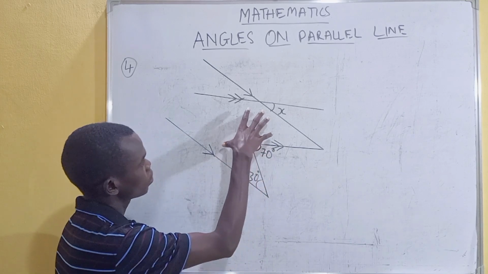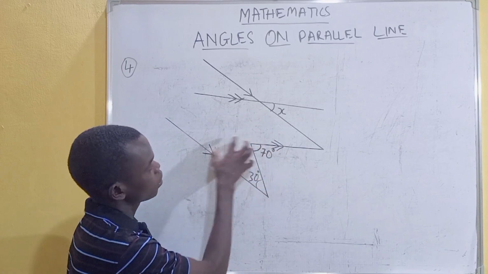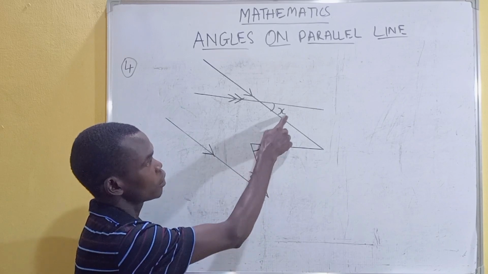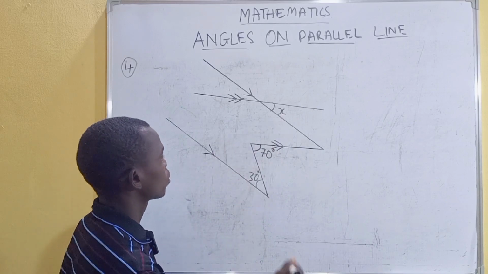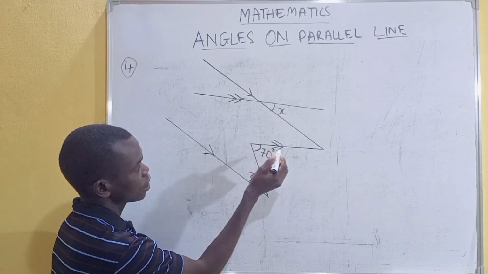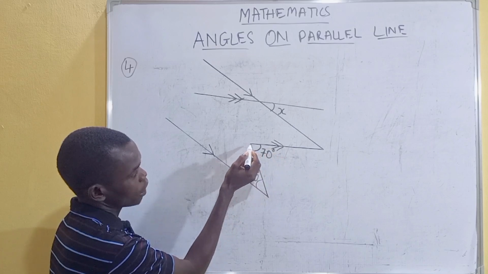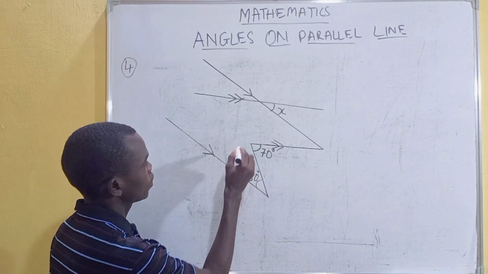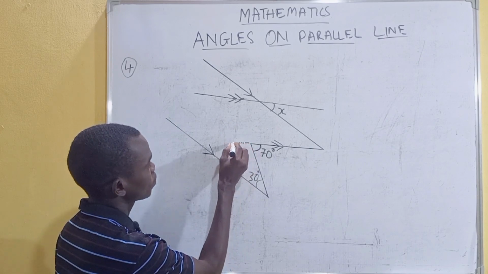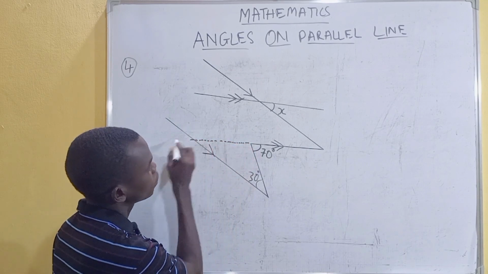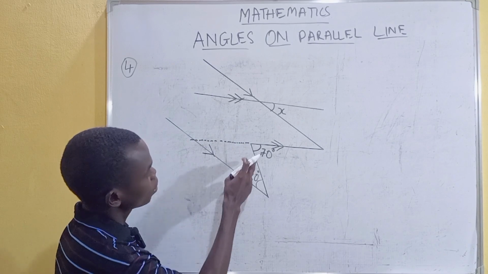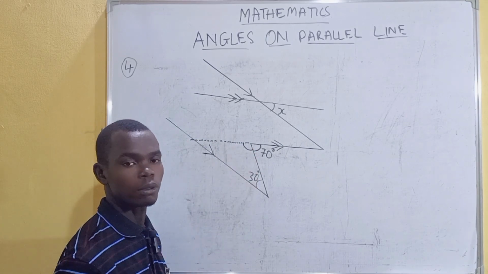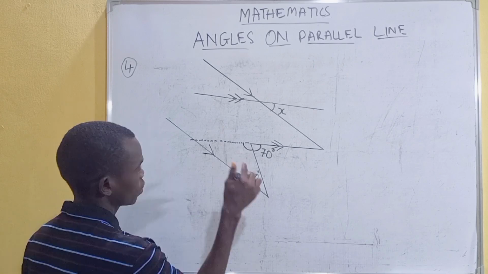And when you look at this parallel line, this is where we have information to calculate for this S. So we extend this parallel line to act as a transversal to this pair of parallel lines. When you extend it, we have this. So for us to find this angle, we will use angle in a straight line.